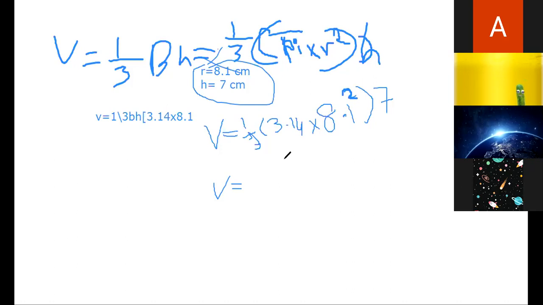First do this. Then square, then multiply by 7. Get the answer. Now divided by 3. 480.70. Yes, this is the answer. 0.7026. You can say 481.